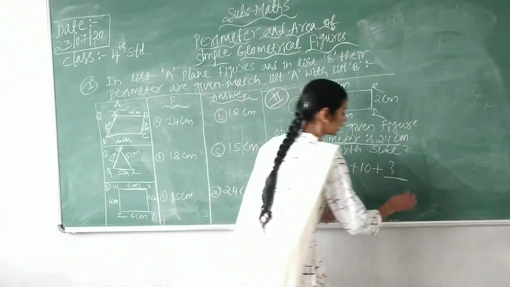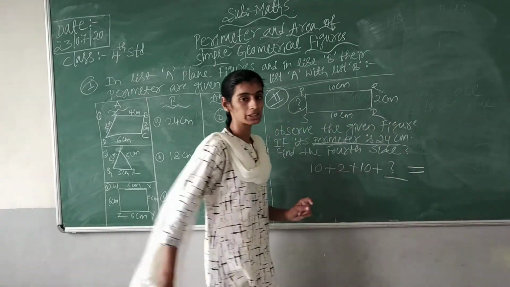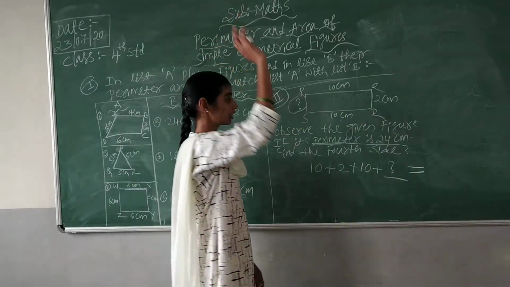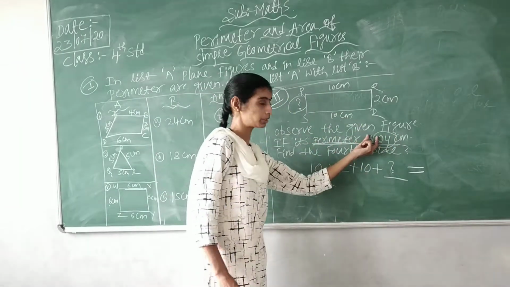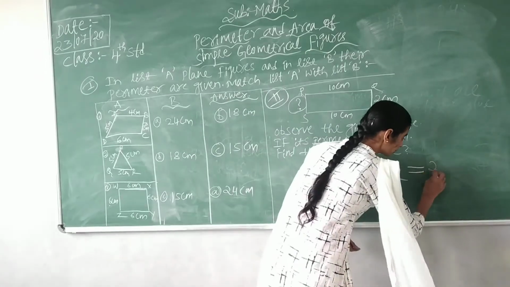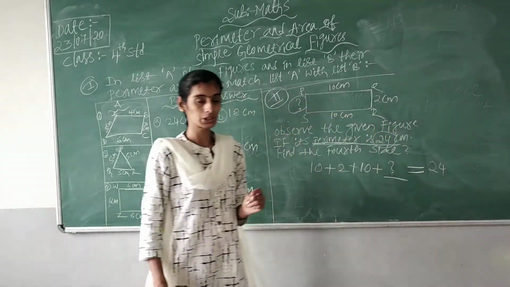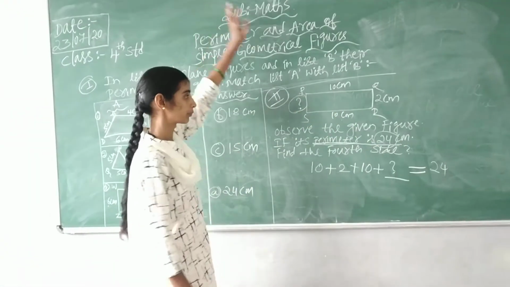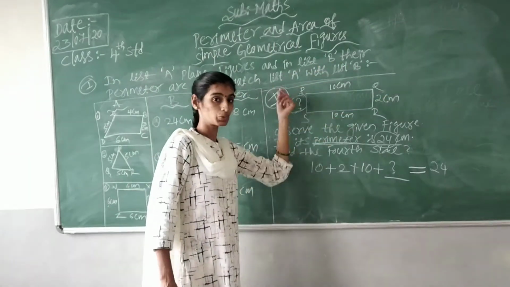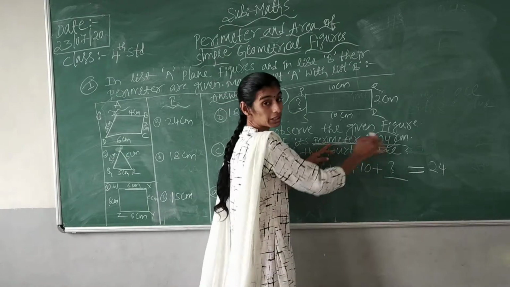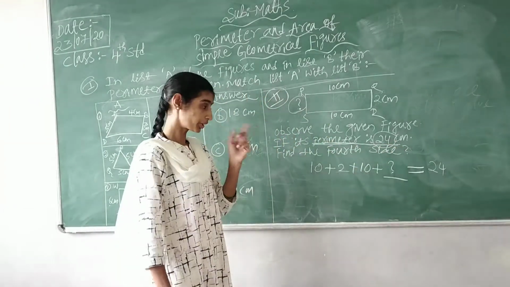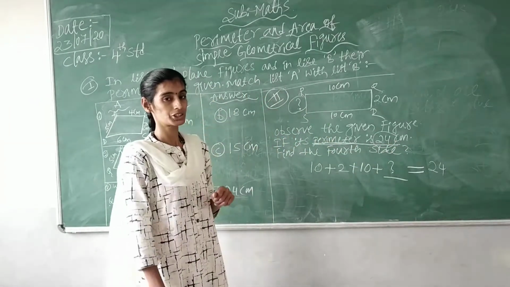Equals to, and on your right side, you should write the perimeter value. They have given you the perimeter value in the question, so you have to write it. On your left side, the given side values; on your right side, the given perimeter. Got it?